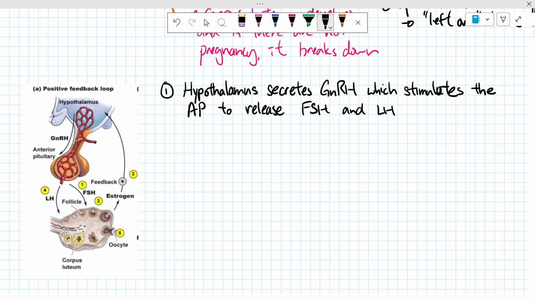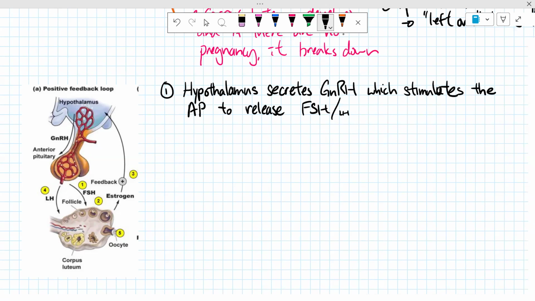Now, both of them are being released, but FSH is the dominant one in this round. I know in this diagram it only says FSH, but really it's both at the same time, but more so for the FSH.